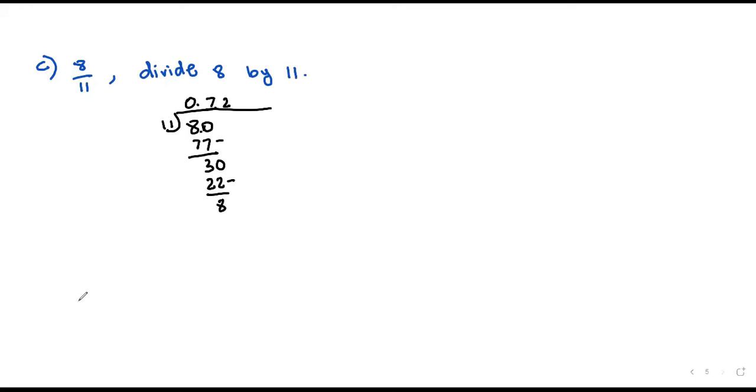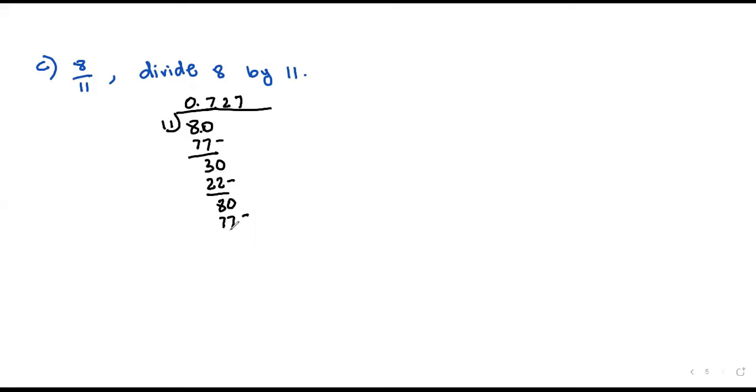8. You see, this is 8, and at first we also had 8. Let's try again. Let's consider this as 80. 80 by 11, we get 7, and 7 times 11 is 77.